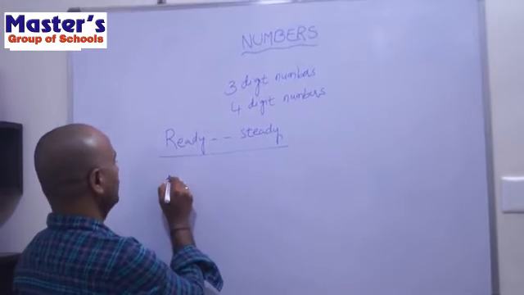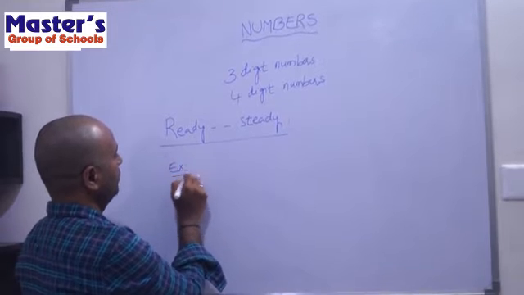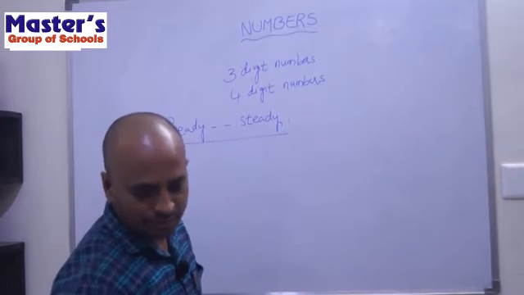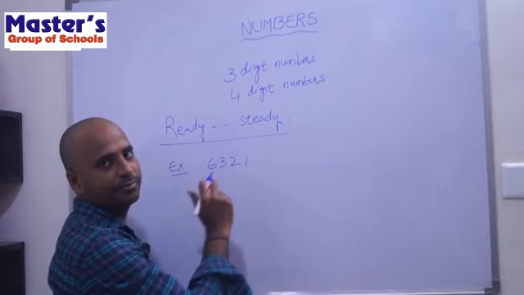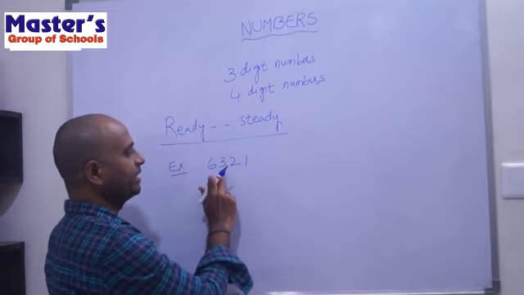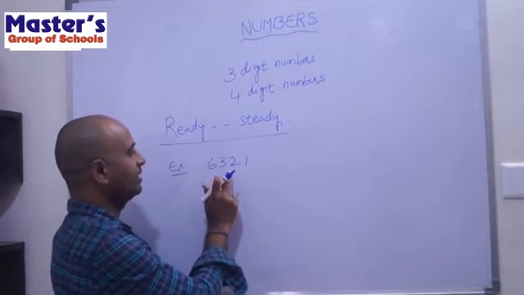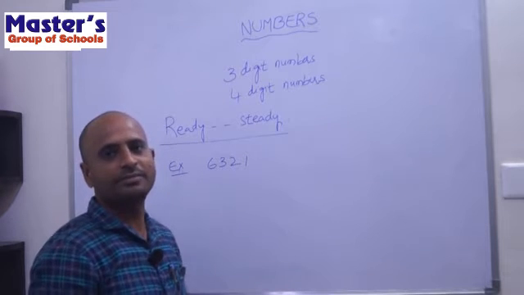Let us take an example of a 4-digit number. This is a 4-digit number, and how do we write the expanded notation for it?